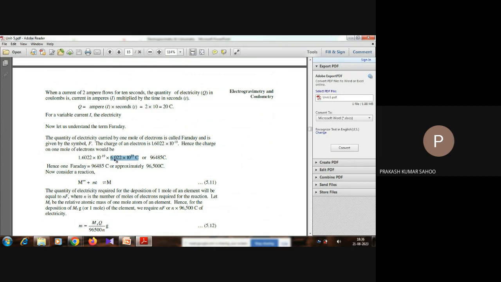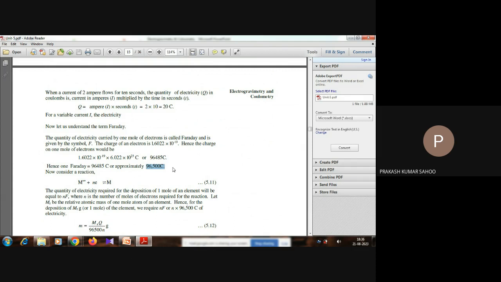By multiplying these two, we have 96485 coulomb, which is approximately 96500 coulomb. So this factor, 96500 coulomb, is popularly known as the Faraday, to honor the father of electrochemistry, Michael Faraday.